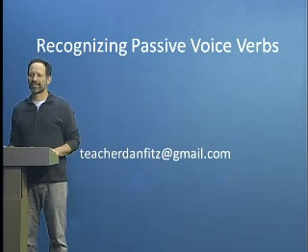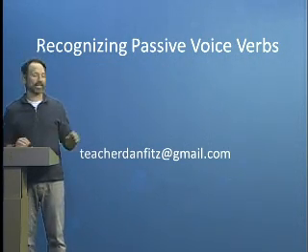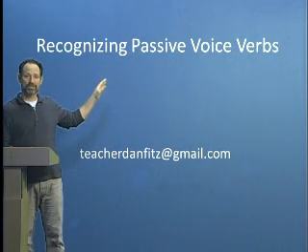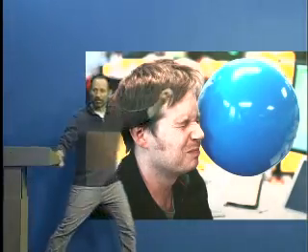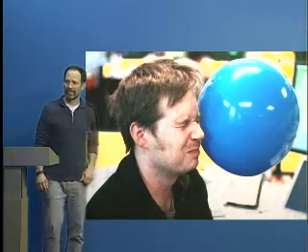Hello. Today I'm going to talk to you about recognizing passive voice verbs. If we look at this picture, you can see a ball hitting the man in the head.